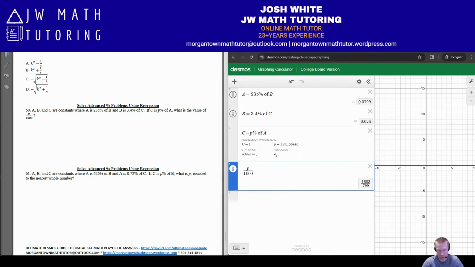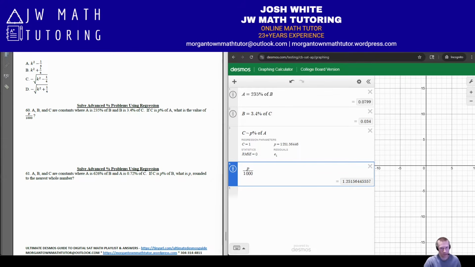There are too many characters to type in. You have 1,000, which is 4, then the division sign is 5, and so you couldn't fit the 799 in. So you'd have to enter one of the decimal values. Okay, so this is how you could do number 60 using the first method.